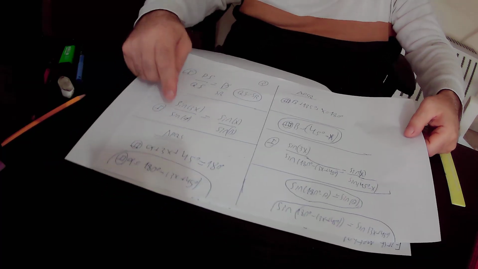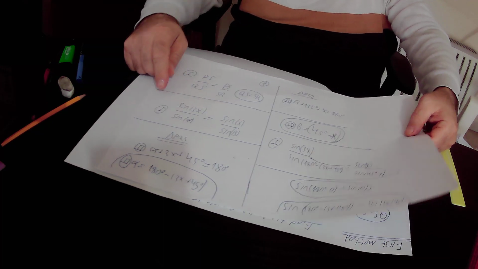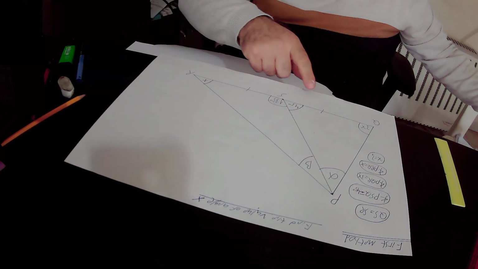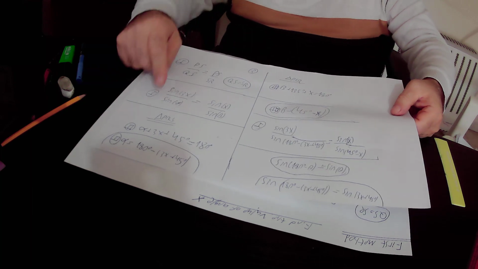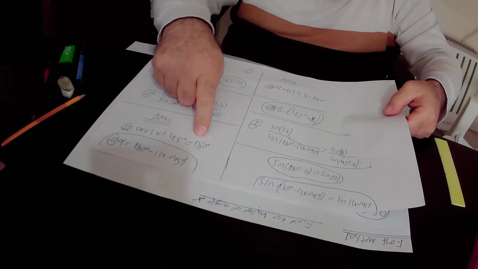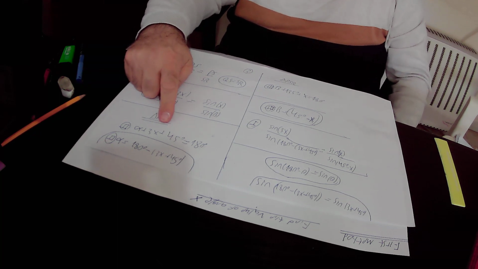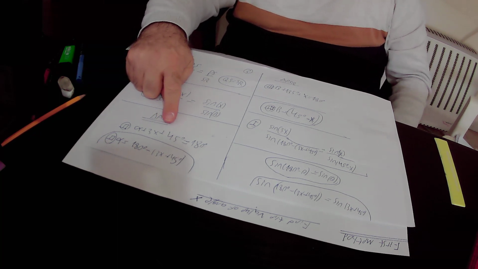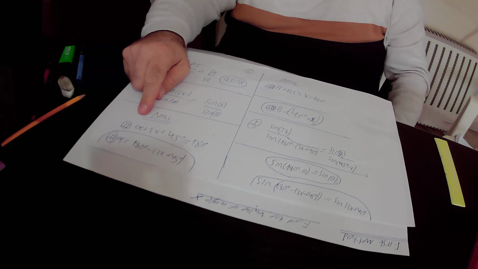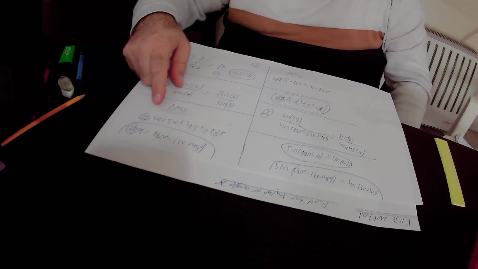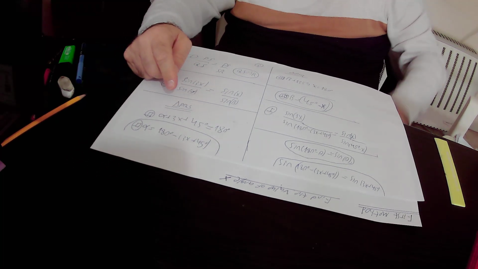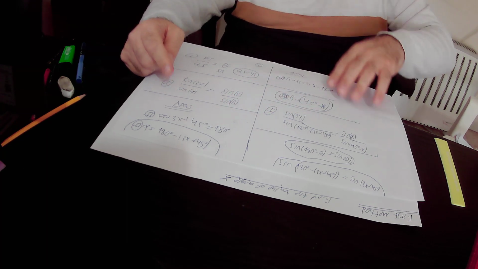We focus on triangle PQS. On triangle PQS, the sum of the angles must be equal to 180 degrees. That is to say, alpha plus 3x plus 45 degrees must be equal to 180 degrees. We subtracted 3x and also 45 degrees from this equation number 2, and we got that angle alpha equals 180 degrees minus (3x plus 45 degrees).